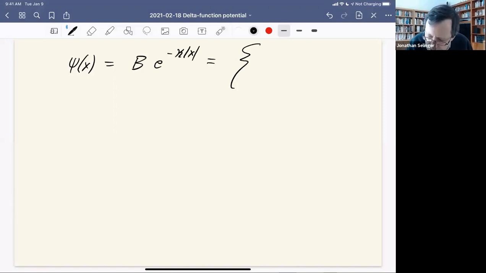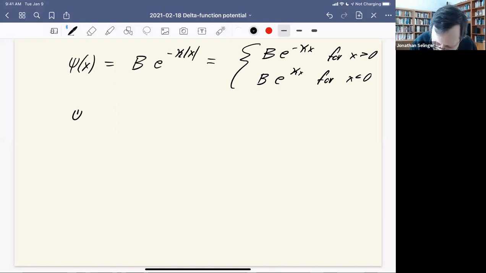And so it is b e to the minus kappa x for x positive, b e to the kappa x for x negative. So psi of 0, if we plug in x equals 0 in either of these limits, we just get b. So psi of 0 is b.